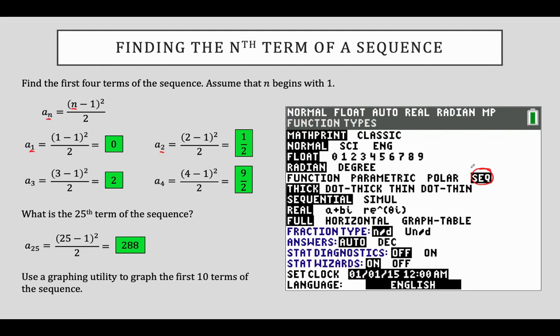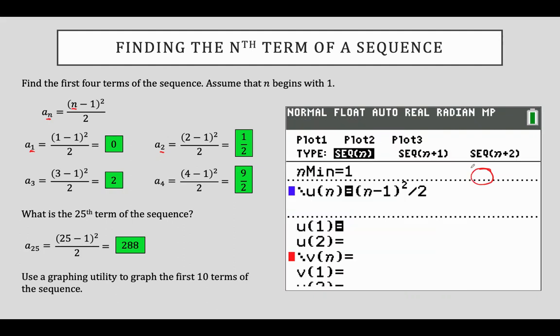Then hit your y equals button, just like you were going to plug in a function. Now that we go to y equals, you'll notice that it looks a little bit different. Instead of having y equals, we have u of n. This is just what it looks like when we're in sequence mode. This is talking about a sequence u as a function of n, your inputs.